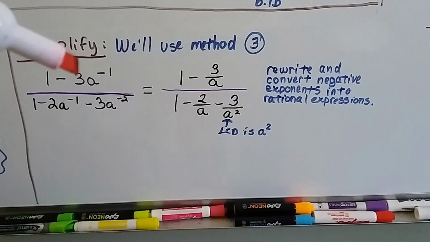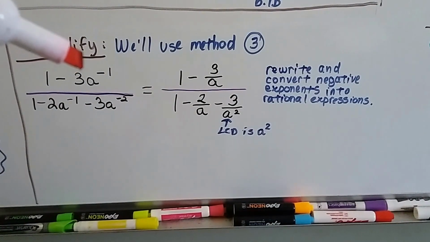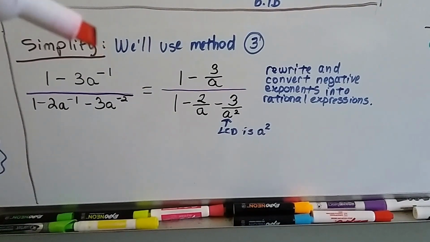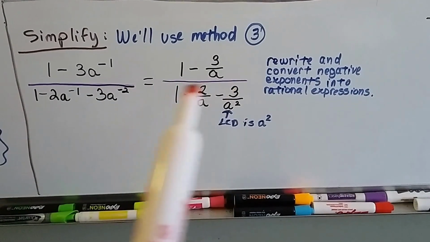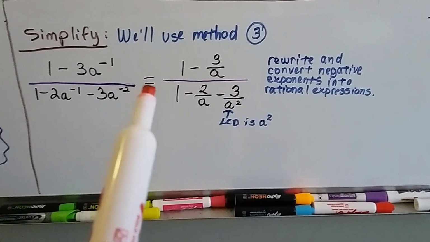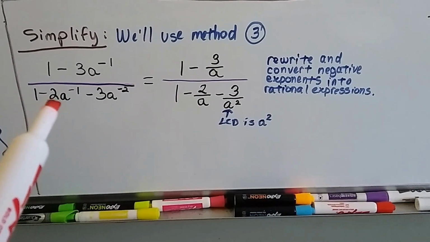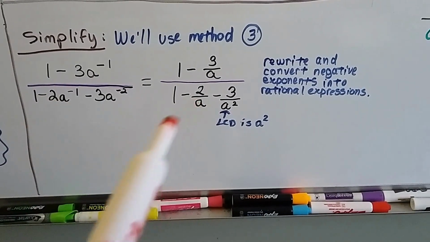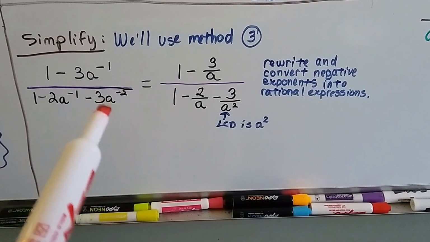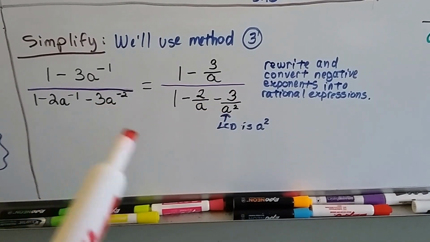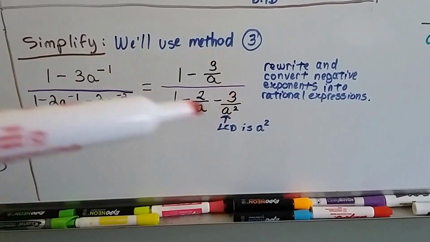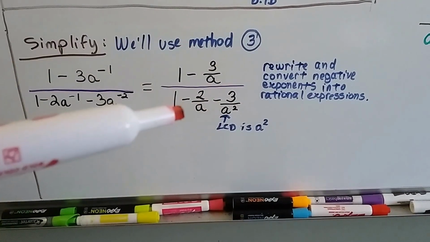See? Because we have a whole number 3, it would be written as a 3 over 1, wouldn't it? And then because of that negative 1, it would be 3 over a. And it's going to be over, here's our fraction bar, this is going to turn into a 2a, and that's going to turn into a 3 over a squared. See? So now this is our new complex rational expression.